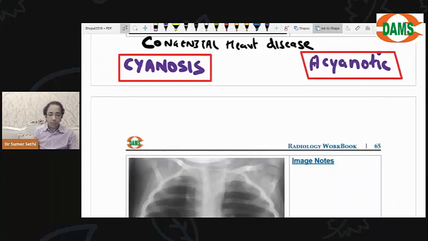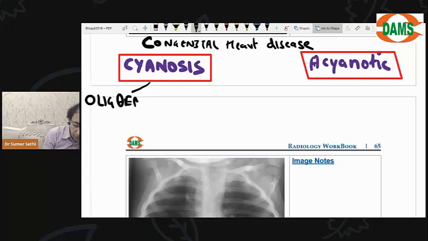Okay, everybody, now see. So in the chest x-ray, lungs के अंदर we see bronchovascular markings, we can see the marking of the blood vessels. अगर bronchovascular marking कम है तो we call it oligemia.